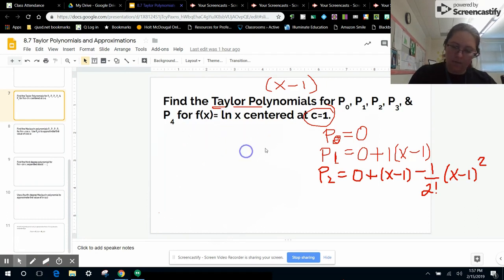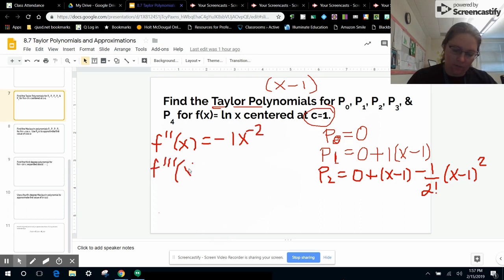All right, so now I'm going to find my third derivative. Remember, our second derivative was negative 1 x to the negative 2. So my third derivative is going to be positive 2 x to the negative 3.